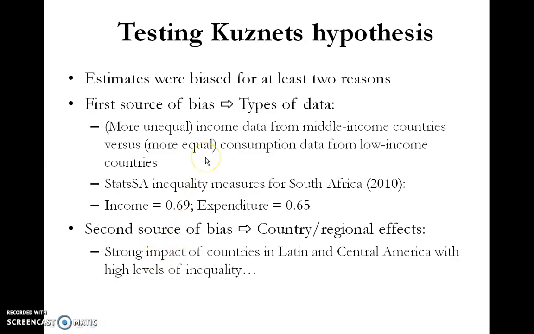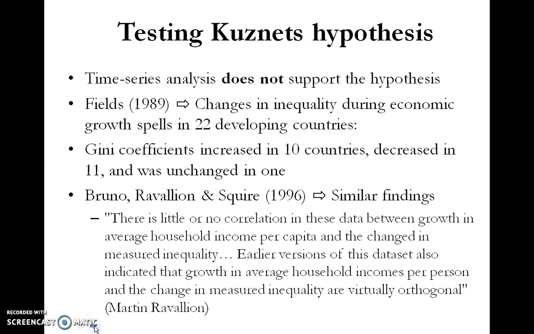The first source of weakness or bias was the type of data used, and the second source of weakness was country and regional effects, which the methods that they used could not control for. At a later stage, time series analyses were done, and in these cases, the empirical evidence did not support Kuznets' hypothesis.